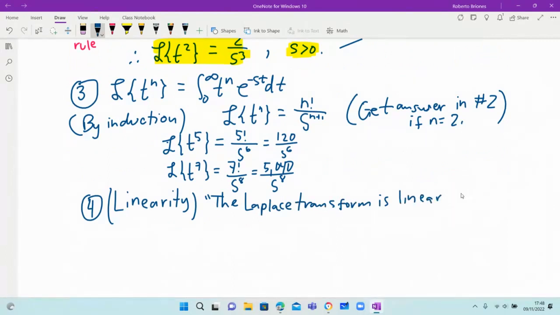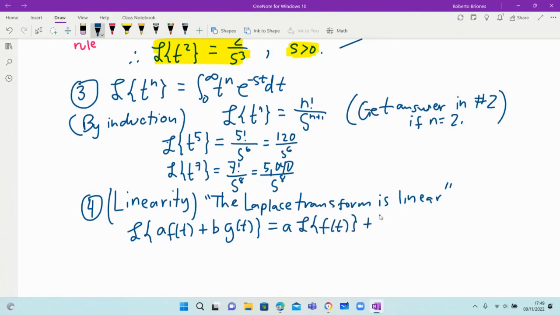And in more precise terms, linearity is actually given by the following equation. So the Laplace transform of a times f of t plus b times g of t will be equal to a times the Laplace transform of f of t plus b times the Laplace transform of g of t.